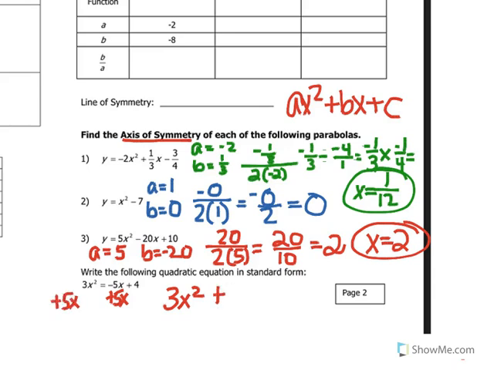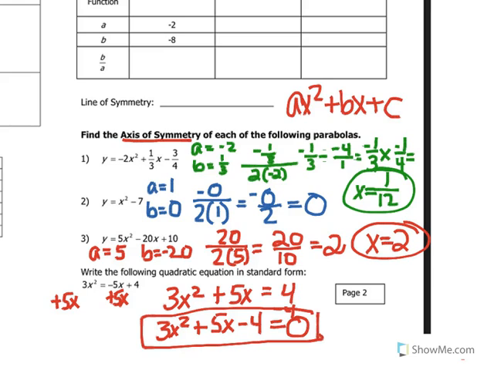So I get 3x squared plus 5x equals 4, and then finally let's subtract 4, and we get 3x squared plus 5x minus 4, and if everything is gone from one side or the other, we're going to put a 0 there, and we'll say y is 0. Okay? So there you are in standard form, ax squared plus bx plus c.